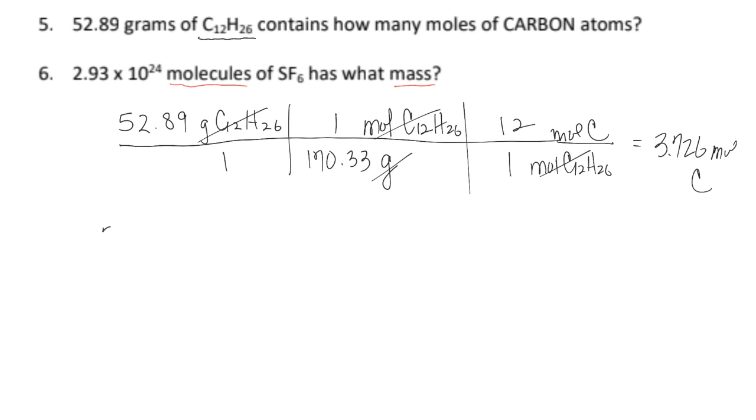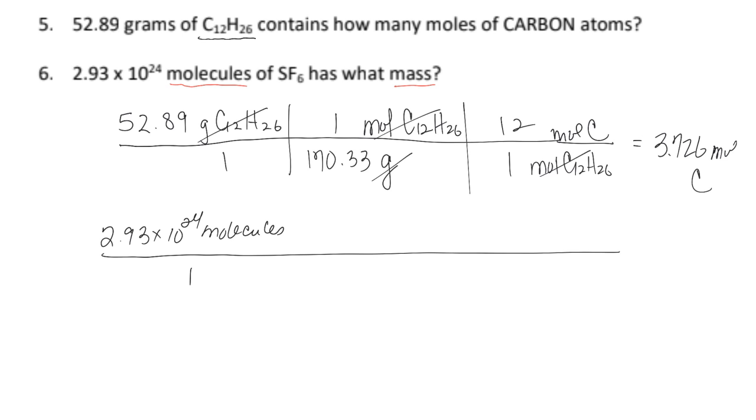So now I set up 2.93 times 10 to the 24 molecules. I'm going to put it over 1. Molecules comes down. Mole goes to the top. Because I'm going from mole to a different unit, 1 goes next to mole, and this is where we're going to put Avogadro's number.